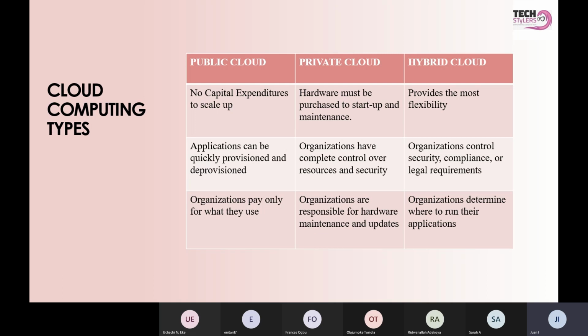Organizations control the security, compliance and legal requirements, because they still need to ensure that the system is secure if external guests are connecting to it. And then organizations determine where to run their applications. They can choose to run their applications within their server and block access to external guests, or they can place them on the public cloud and then just make some connections, right?